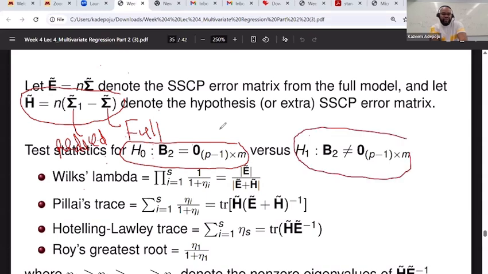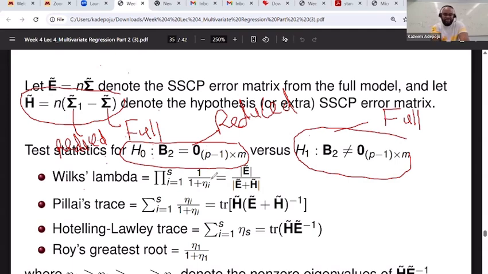Your null hypothesis actually supports the reduced model, while the alternative supports the full model.